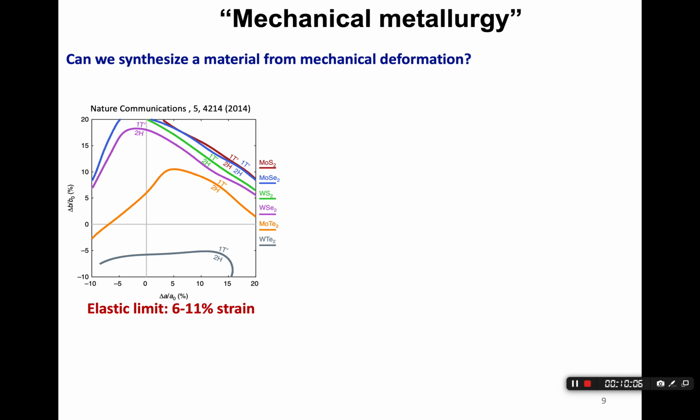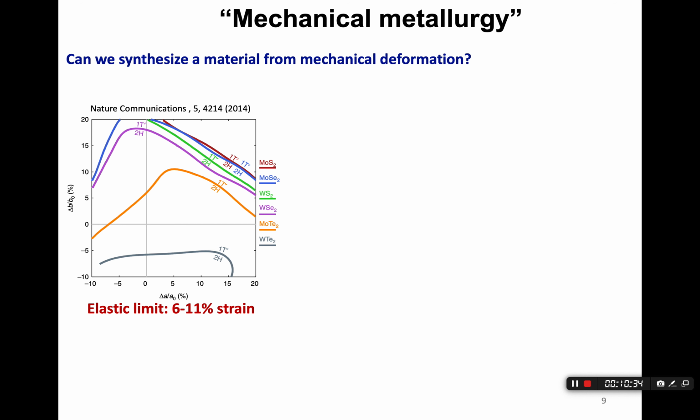However, this looks interesting, but if you do any tensile testing on real materials, you're going to realize the elastic limit of these materials is only 6% to 11%. This means before the phase transition happens, the tensile strain will break the material first. So these predictions unfortunately become unrealistic for a real experimental design.